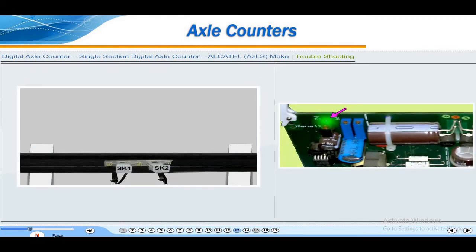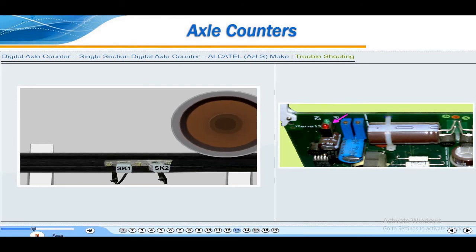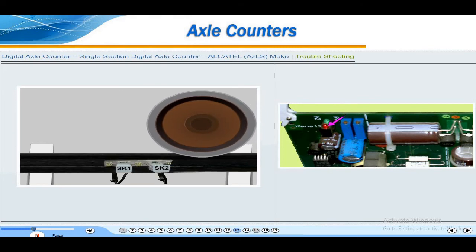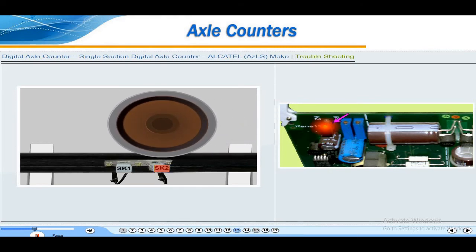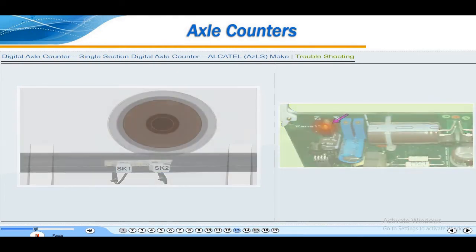H2 2 green LED normally keeps flashing, indicating that no wheel is approaching SK2. That is, MESUB2 is within tolerance limit. It goes off when a wheel approaches SK2. H2 1 red LED normally remains off when there is no wheel on SK2. When there is a wheel on SK2, this LED lights.